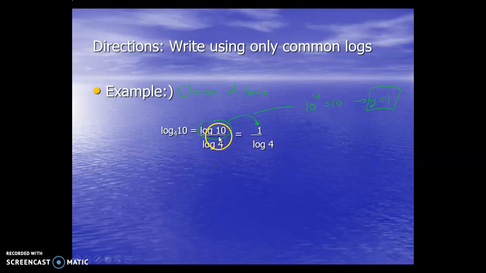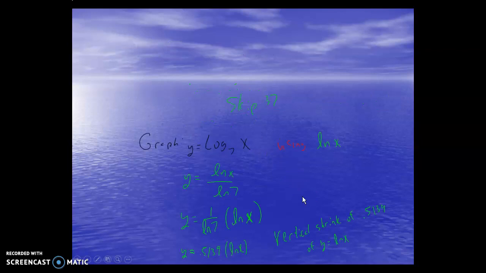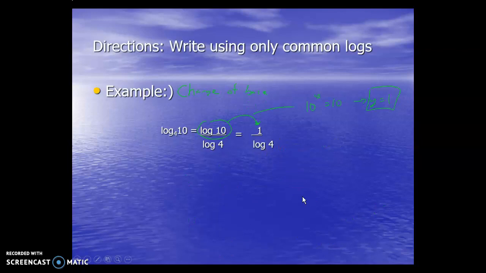Now the top just becomes 1, because 10 to what power is equal to 10? That's just 1. So you have 1 over log of 4. If you wanted a decimal approximation you could, but it says not to in this case.